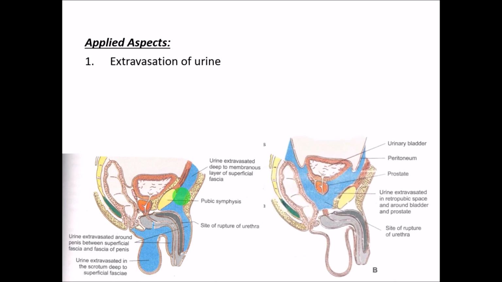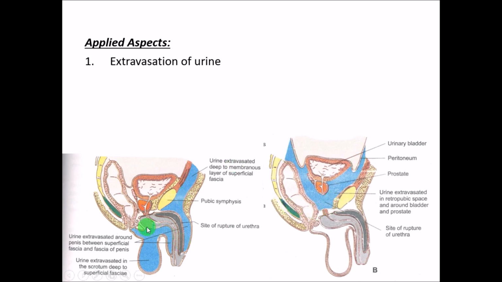If there is a rupture of this urethra, then you can see there is collection of the urine in the scrotum, around the penis, as well as into the anterior abdominal wall, because it is passing through the superficial fascia. So this is the extravasation of the urine in case of rupture of the urethra in the superficial perineal pouch.